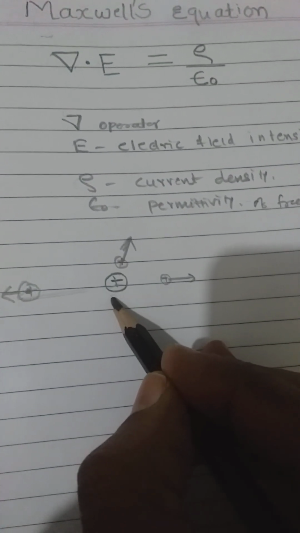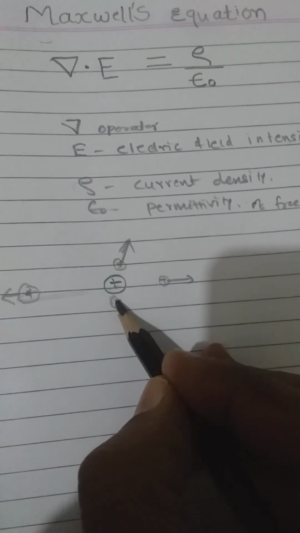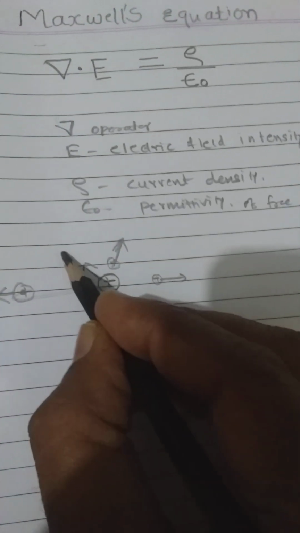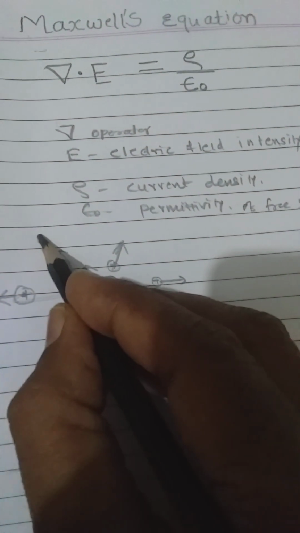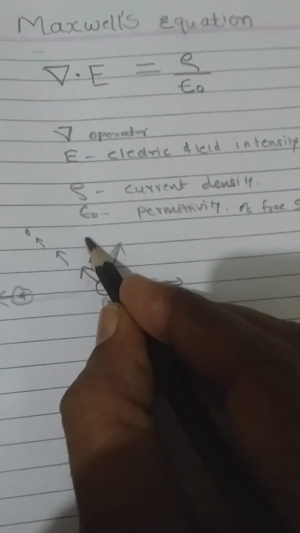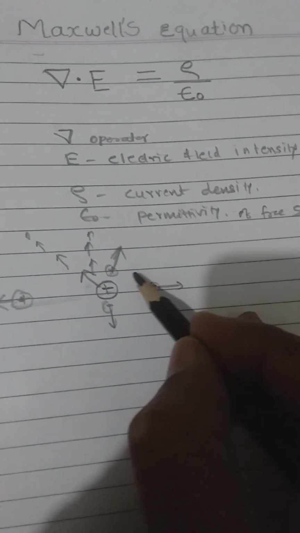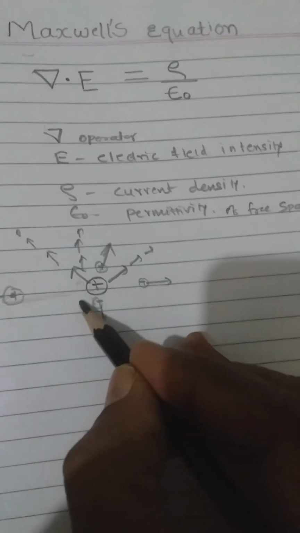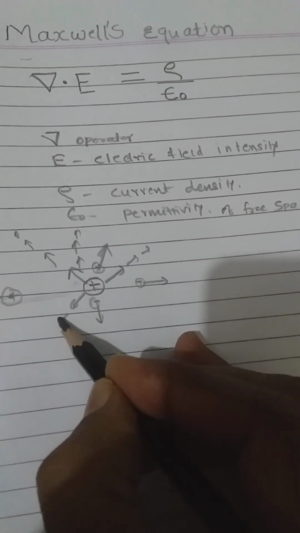Charge at this. So everywhere you will find the electric field. As you go away, the intensity will decrease. Now this is the electric field. It is a vector field.